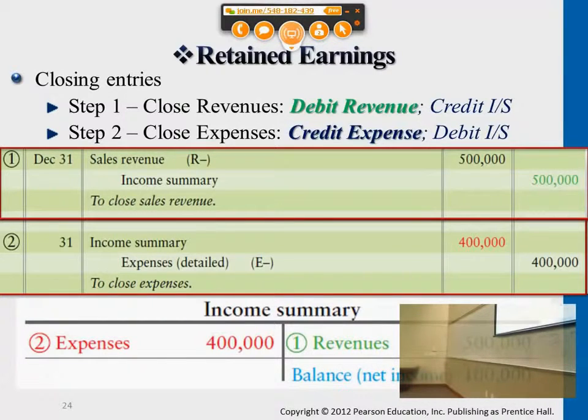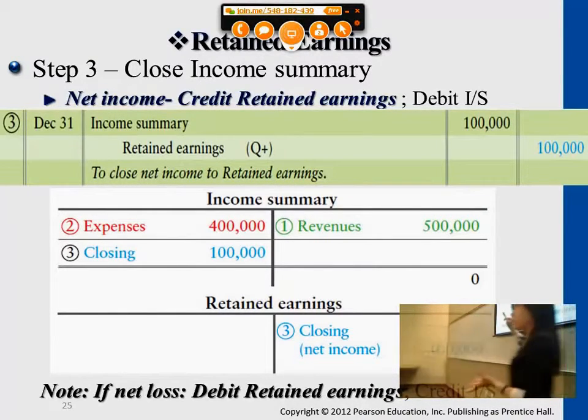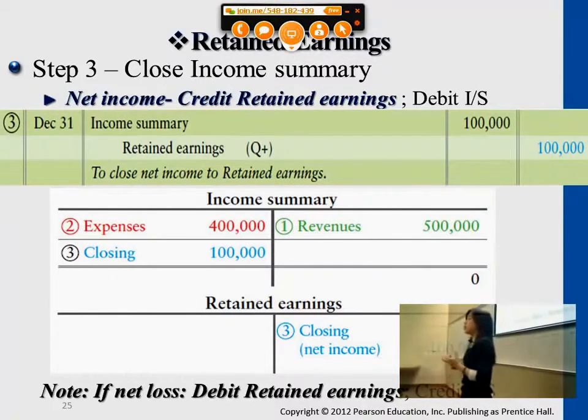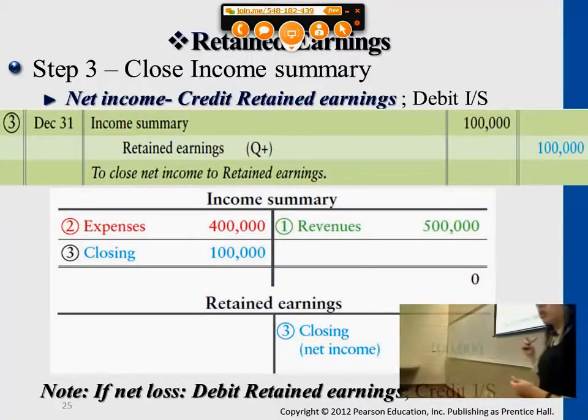So the third closing entry, basically we want to do something about this and close out the income summary account. Okay, so the third closing entry here, since it's net income, that will increase retained earnings. Third closing entry increases retained earnings. Okay, if you're confused about income summary direction, just think about whether the company has net income or net loss, and whether that increases or decreases retained earnings.